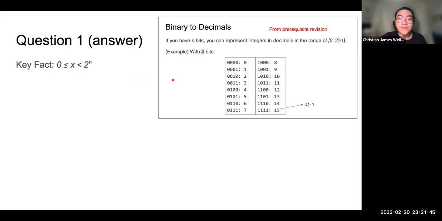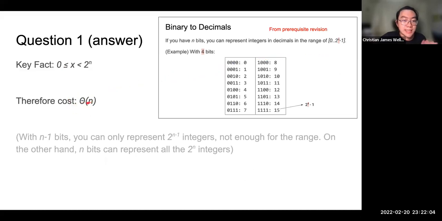Recall from prerequisite revision that in binary to decimal representation, if you have n bits, then you can represent only up to 2^n minus 1. That's precisely what we have here, because our number is bounded in the range 0 to 2^n minus 1. And so the cost is theta n.